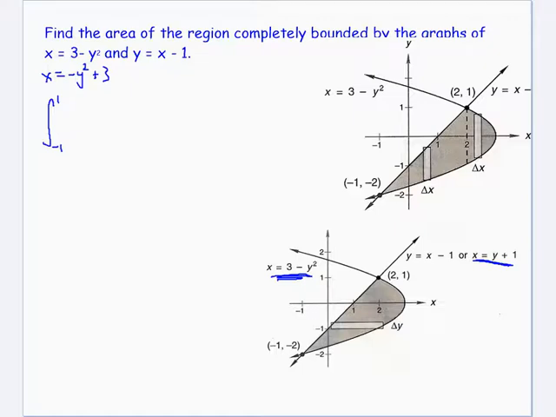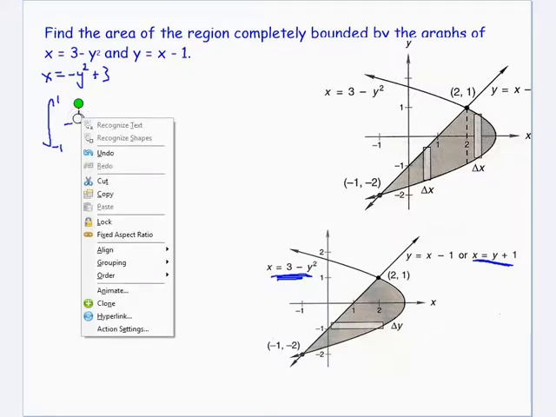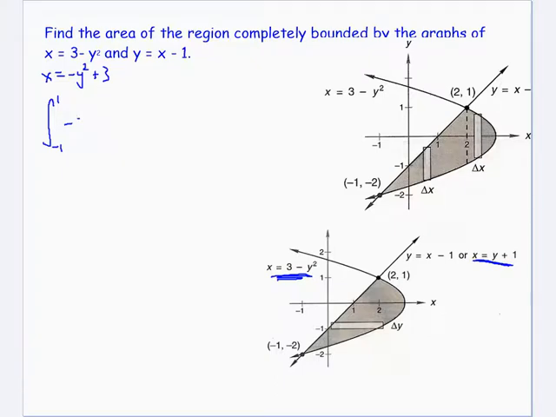So we want to go with the right one, which is the negative y squared plus 3 minus, well, we want this in terms of x, so we could add 1 to both sides. We get x equals y plus 1. So we're going to subtract y plus 1. And this is dy, because the widths of the rectangles are dy.